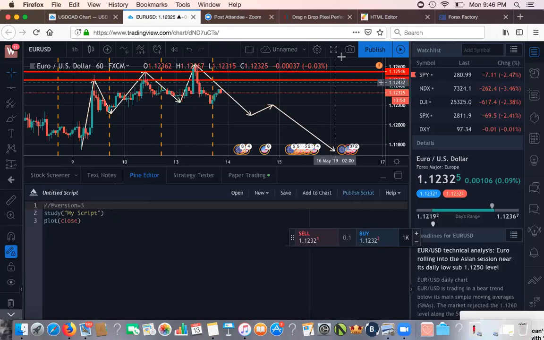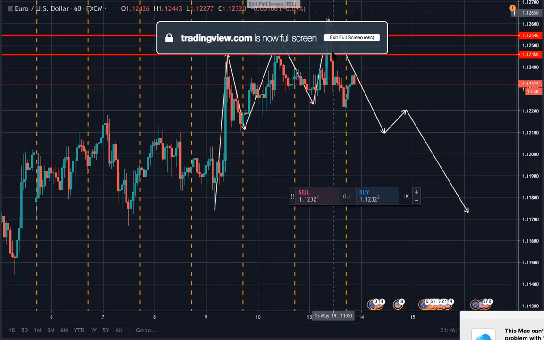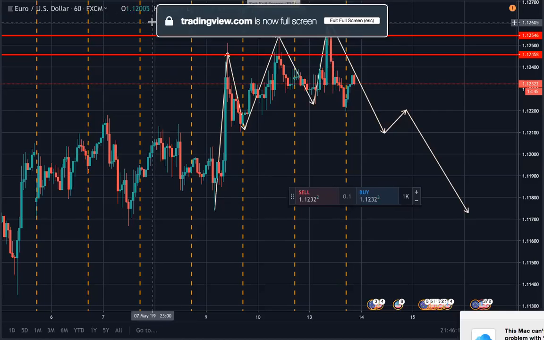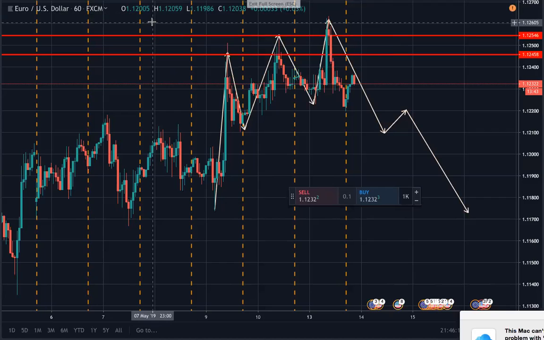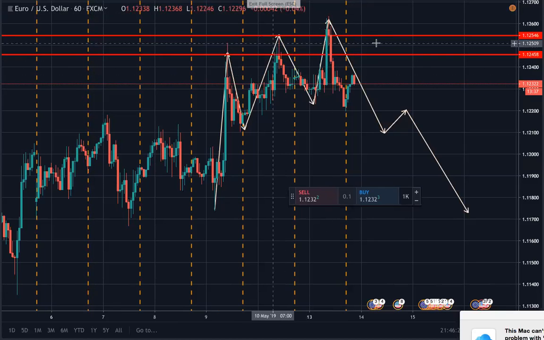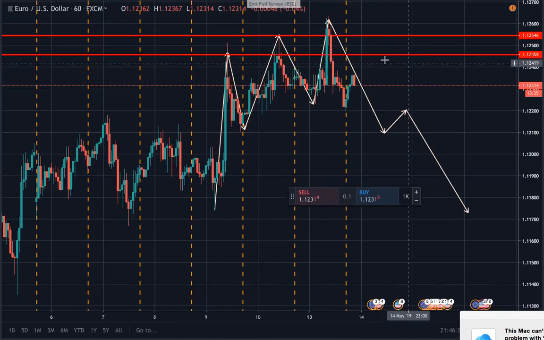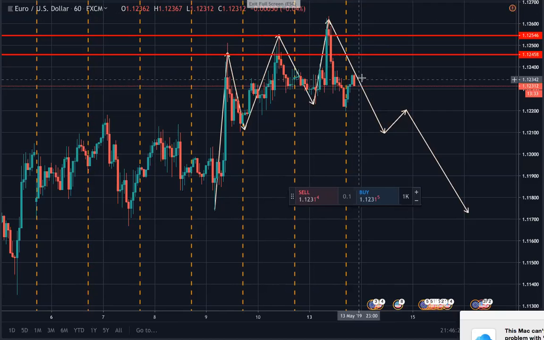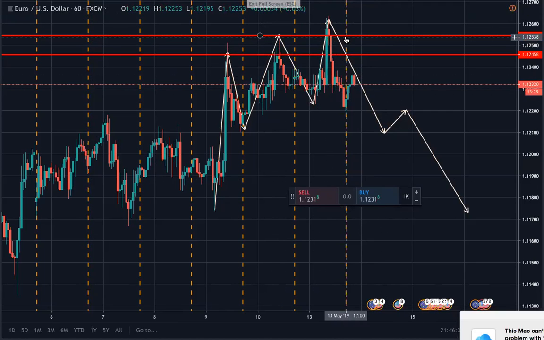Cool. All right, so this is Euro USD. It looks like it's gonna be a major drop soon. It could play around with this zone up here again. I believe it will go up to that zone again, or it could just drop. You never know what the market's gonna do.